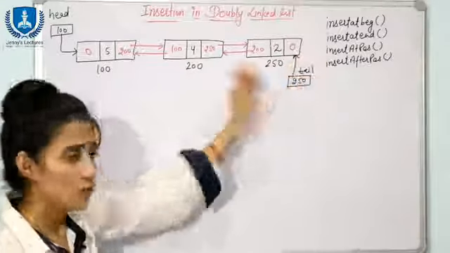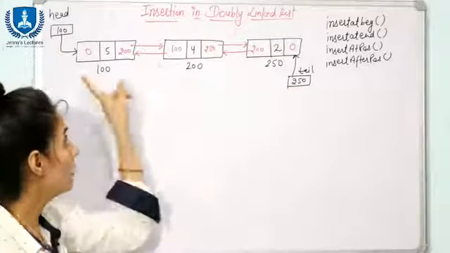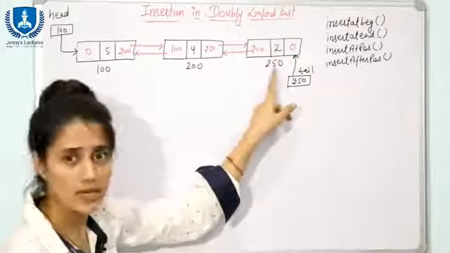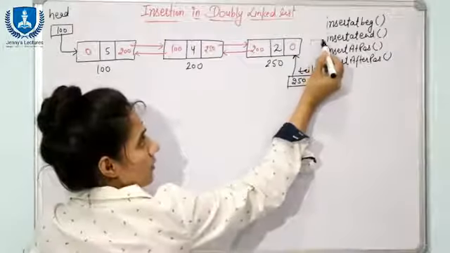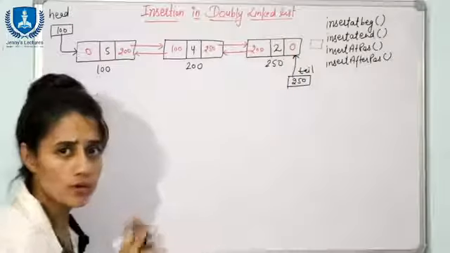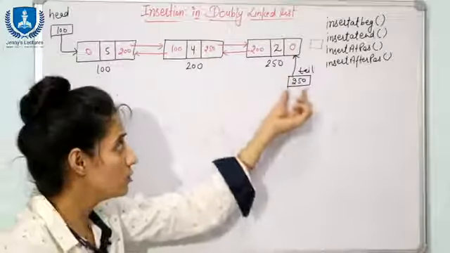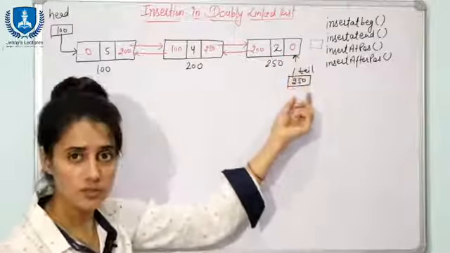And if you maintain the tail pointer while creating the list, in that case, you don't need to traverse the list till here. Why so? Directly you can insert one node here, because we can access this node using this tail pointer, right? We have the address of this last node. So simply you can update these links, right?